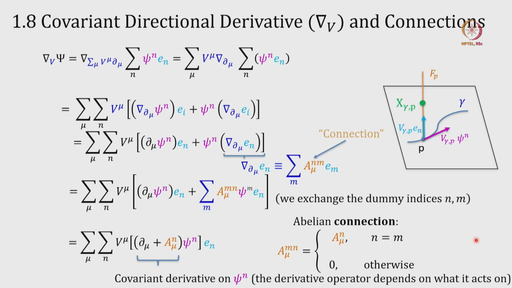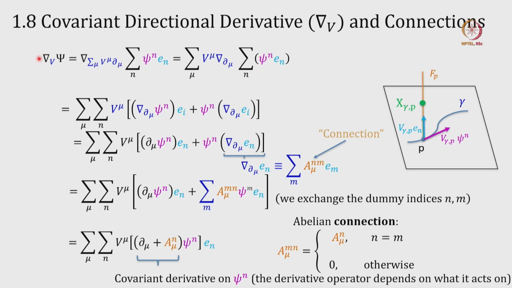And how do you do that? So, again all these derivatives are much easier to define on a chart, and we have already defined some chart which will be some mu running from 1 to d, and assuming that this is a d dimensional manifold, all the points are mapped to some x1, x2 all the way to xd, okay, and we have already done that.